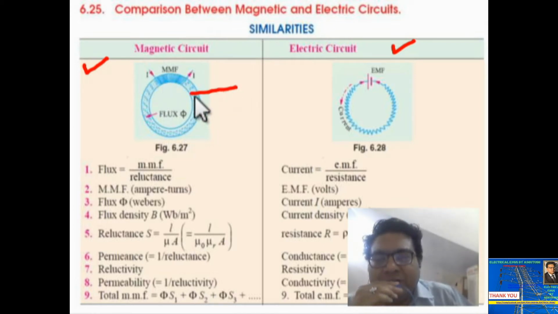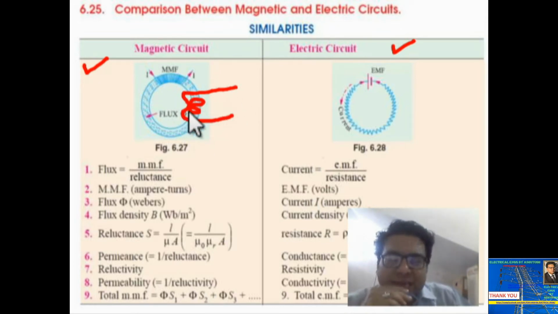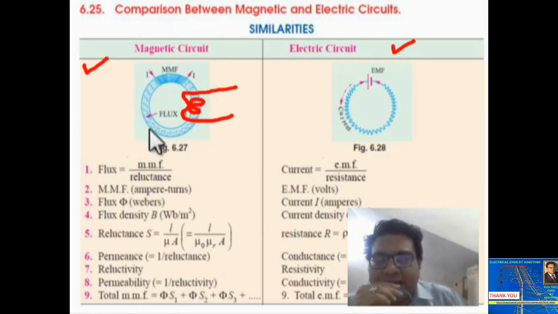Here are the number of turns of windings, taken in this way. Copper windings which are insulated are wound on this iron core. So this part of iron is called the iron core, and this part is called the copper winding.